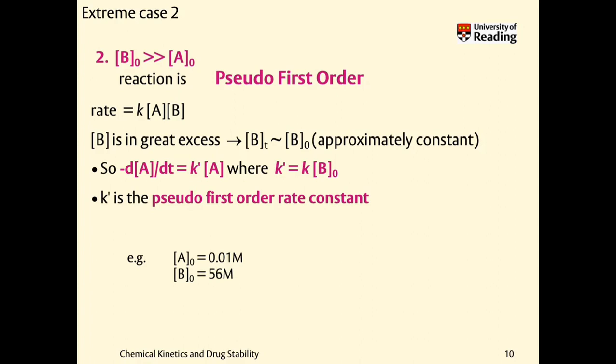We know just intuitively that the water in our reaction here is going to remain the same throughout. And so we know that as all of that drug decomposes, the amount of water is pretty much going to stay the same. So we have pseudo first order kinetics.